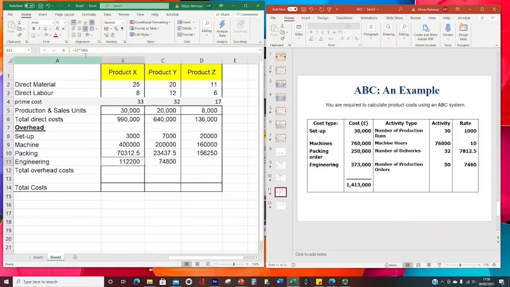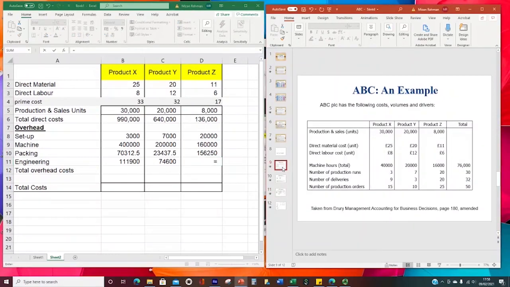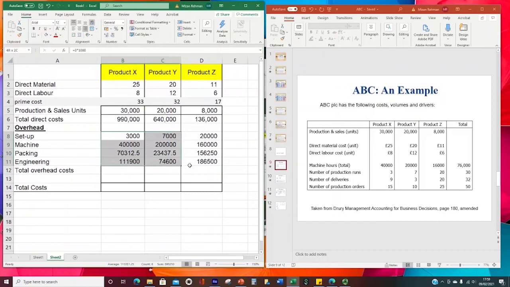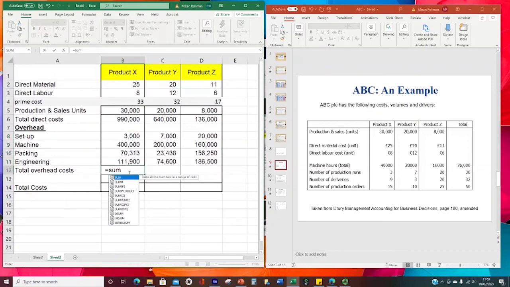So I've been doing it wrong. No problem, we can correct it. 6. And then for Y, number of production runs were 25. 25 into 7460, and I get the total cost. Let's give this a comma and remove zeros. Now it looks pretty. So the total overheads cost can be calculated by adding up all of these.